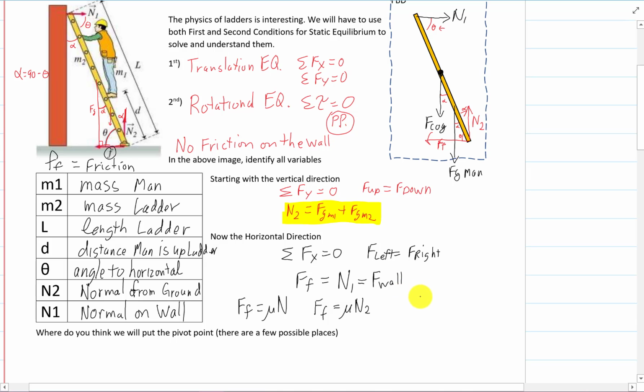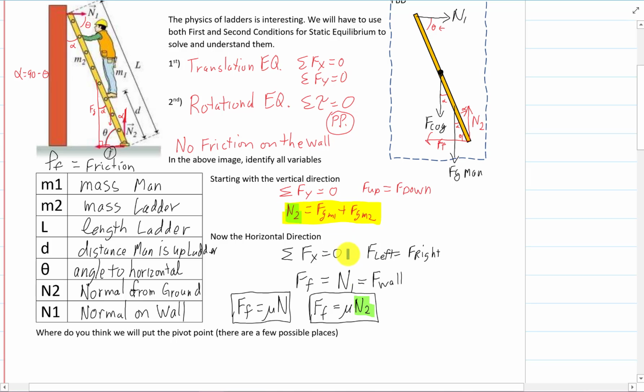Okay, so there's two little sub formulas here. Let's just understand what's going on. We now have a relationship between the x and the y, just so we can work through it. So if we have these two masses, we'll have these forces, we'll have N2, that gives us N2 down here.